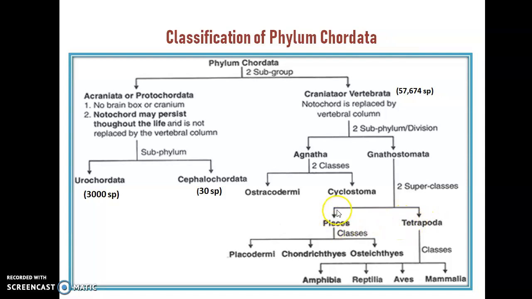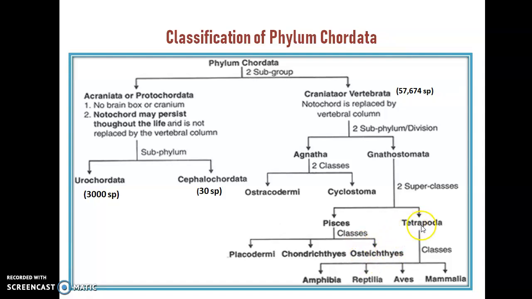The superclass Pisces is again divided into three classes: Placodermi, Chondrichthyes and Osteichthyes. Placodermi includes the armoured fishes, Chondrichthyes includes the cartilaginous fishes like sharks, and Osteichthyes includes most of the bony fishes like sardine, anabas, etc. All the fishes that we commonly know come under the Osteichthyes category.